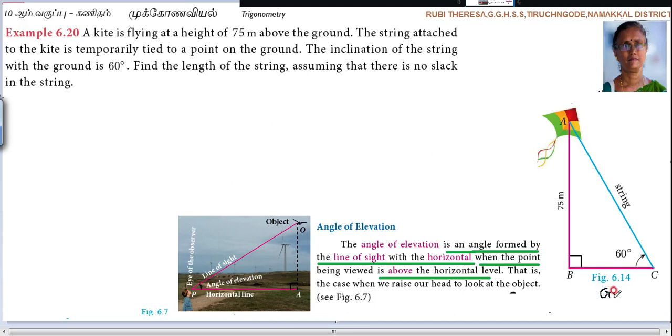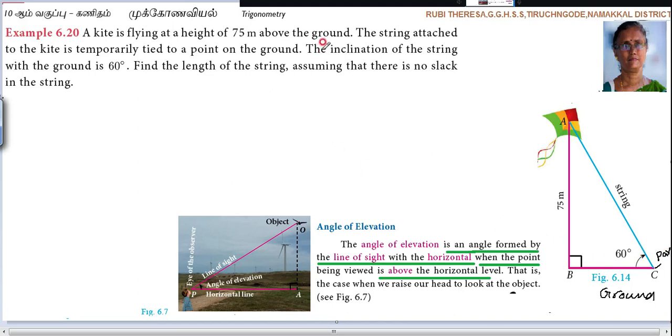BC is the ground. The string attached to the kite is temporarily tied to a point on the ground. So this is the string, tied to a point on the ground. So C is the tied point.